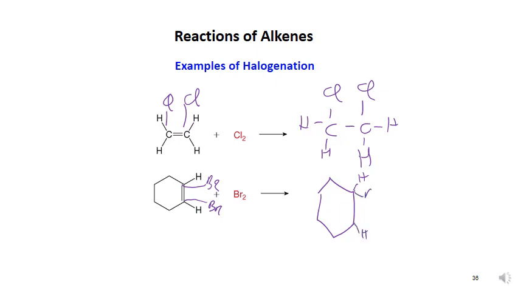But now you've got bromines attached at carbon 1 and carbon 2. 1,2-dibromo cyclohexane. 1,2-dichloroethane. Cool. Okay.